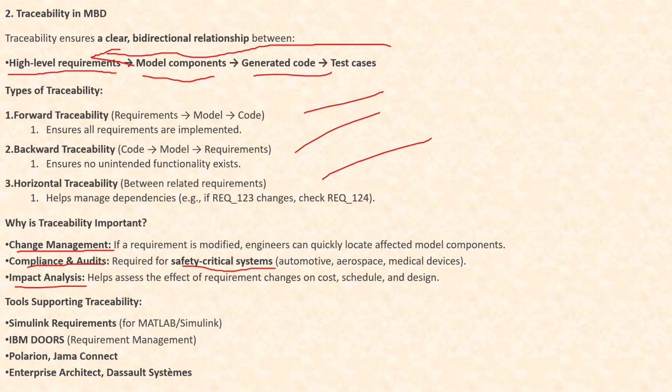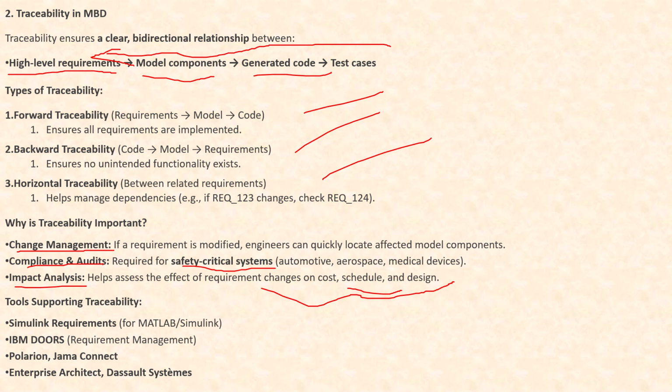And in ASPICE, traceability is extremely important, which is clearly explained in the session about ASPICE. Next is the impact analysis. Alright, so we clearly understand the impact of the change on the cost, schedule, and redesign. Schedule means the development time.